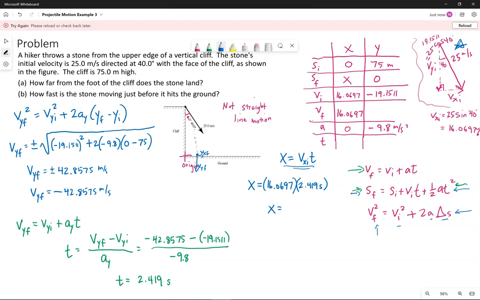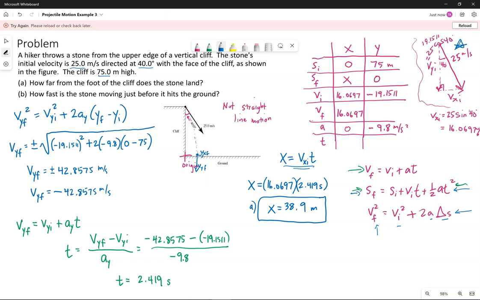We have three significant figures. The 25.0 is 3, the 40.0 is 3, 75.0 is 3. So 38.9 is what this rounds to. So this is our answer to part A. This stone hits the ground just under 40 meters from the edge of the cliff. This, of course, assumes, as shown in the picture, that the ground is horizontal.